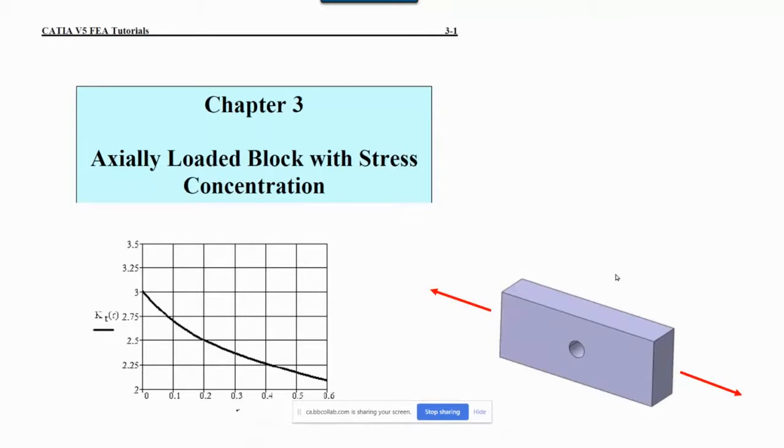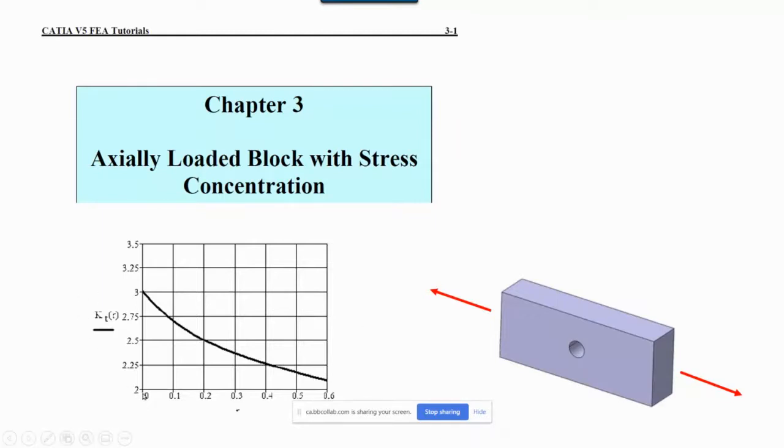Now, I don't know whether we do these things in stress analysis anymore, probably not, but I'm pretty sure in machine design, or design for failure prevention that you took, I think this last winter, you probably did stress concentration.